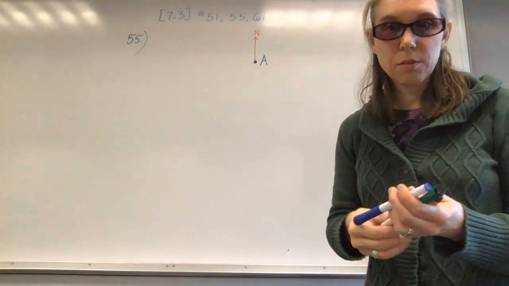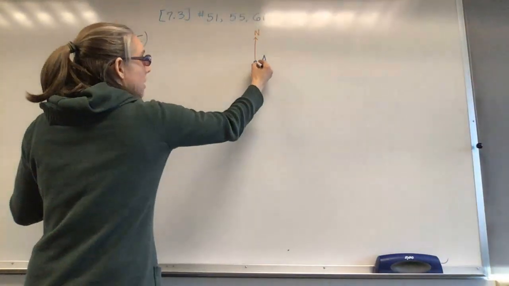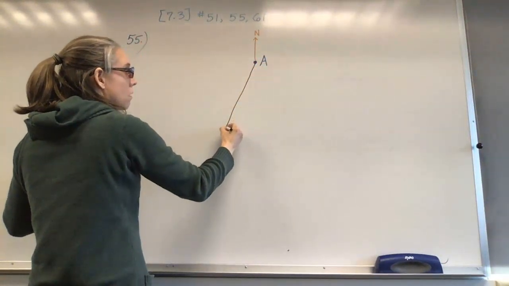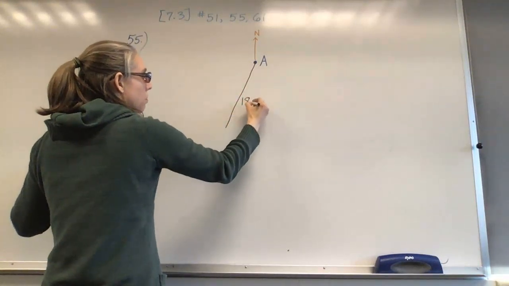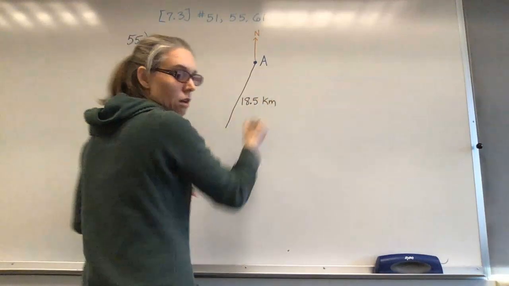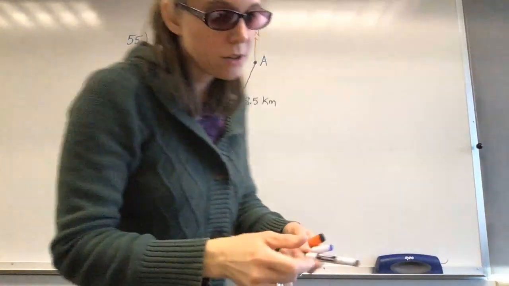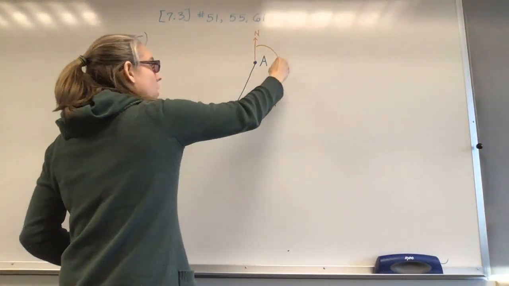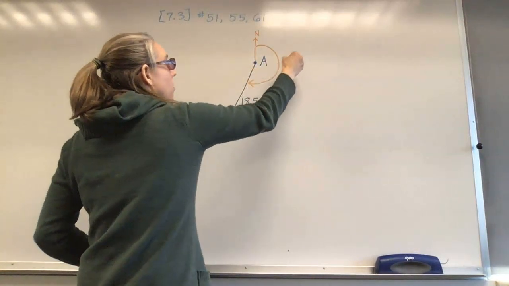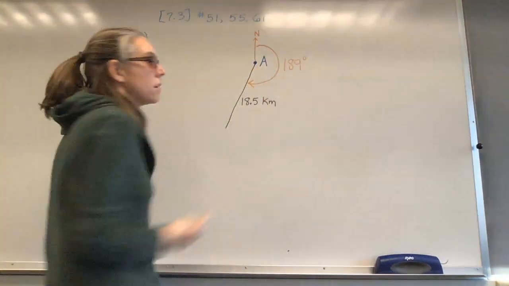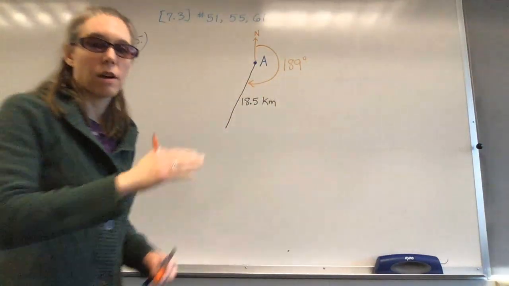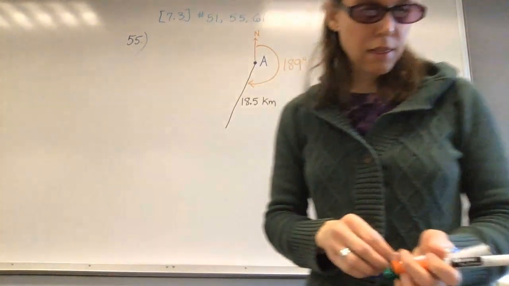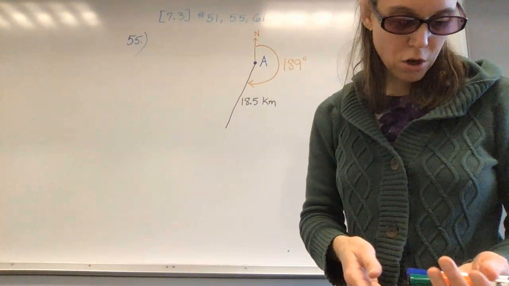Okay, so we're going to be taking a path that is a little close to the south. 18.5 kilometers, and its 189 degree bearing means that starting at due north and going clockwise, we have 189 degrees like that. Now I've done this a little bit out of scale to make it easier to label my diagram. Okay, then at that point we're going to turn.